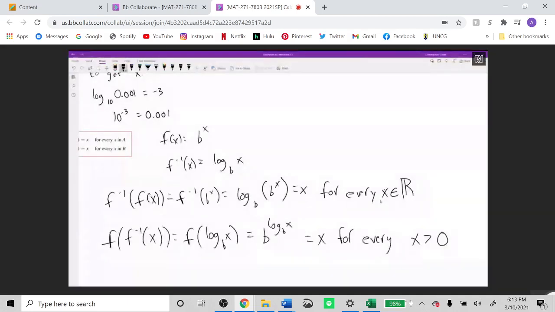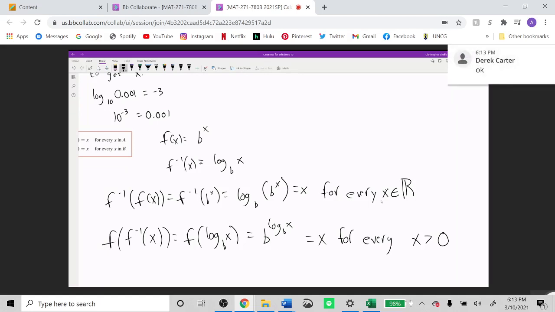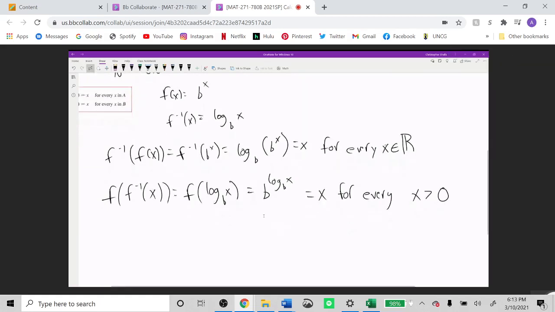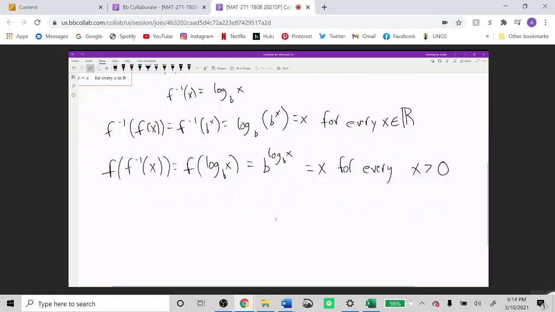I cannot input 0 into a logarithm. And that's because you can never raise something to a power and get 0 as your answer. Does that make sense? Because if I were to say, what's the log of 0?